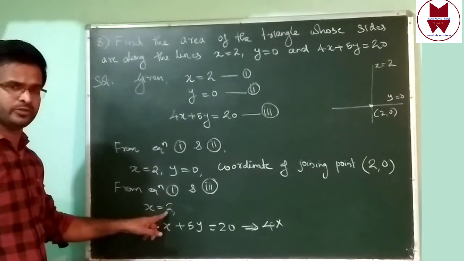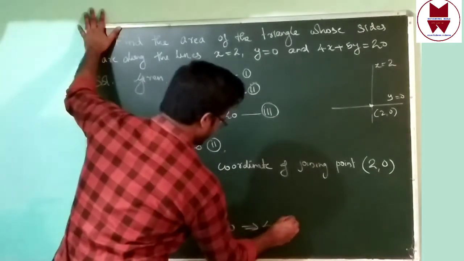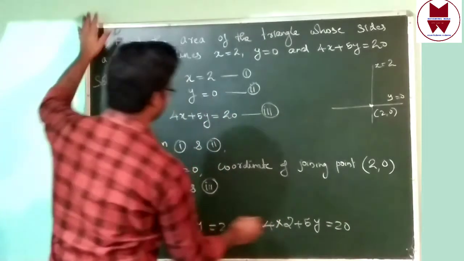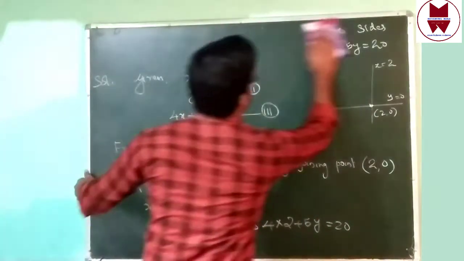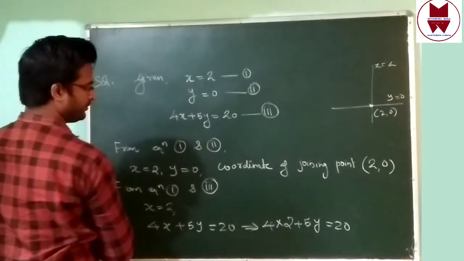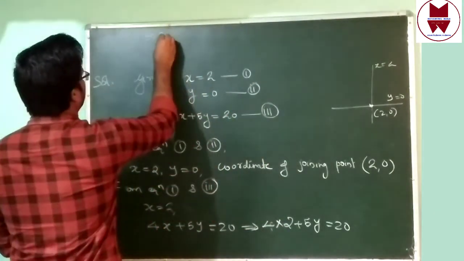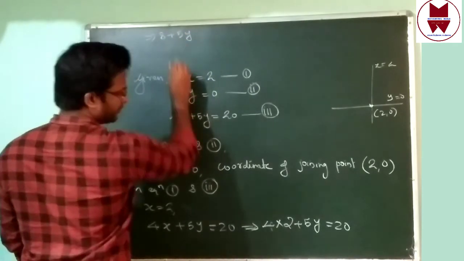X value already they given 2, isn't it? 4 into 2, 5y equal to 20. What you will get? 4 into 2, 8 plus 5y equal to 20.